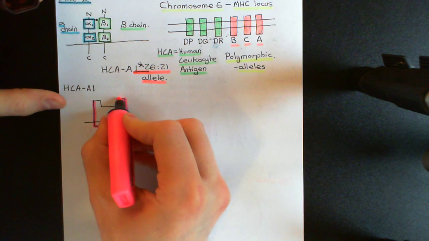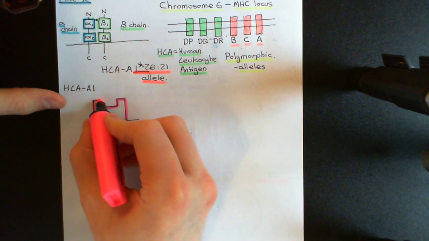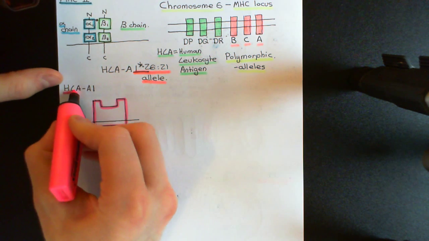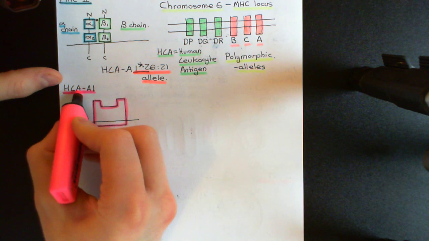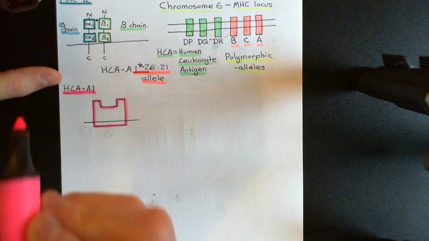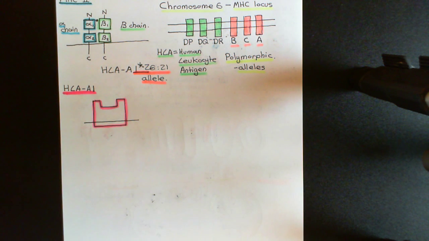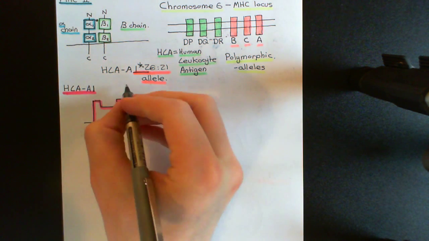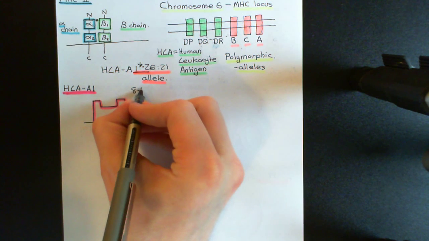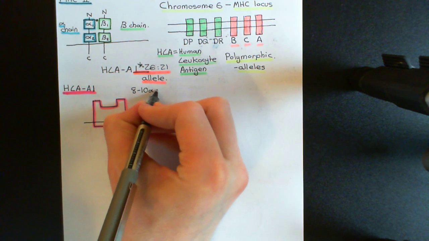So it's been built from an alpha chain made from this specific allele of the HLA-A locus, and then it's got a beta-2 microglobulin, but that's not polymorphic, so that's always the same. Okay, what determines which specific peptides this can bind? Well, we know it will only bind peptide fragments between 8 and 10 amino acids.